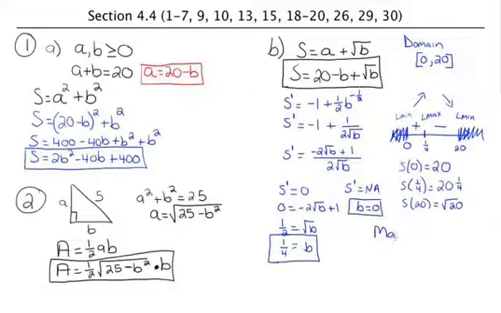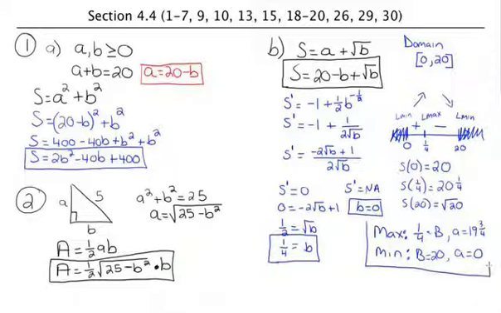So the maximum is going to occur at 1/4 for b, and if b is a fourth, then our original setup said it has to equal 20, making a equal to 19 3/4. My minimum will occur at the square root of 20. So the minimum is going to occur when b equals 20, which would make a equal to 0. And so that would be the answer to part B on question number 1.